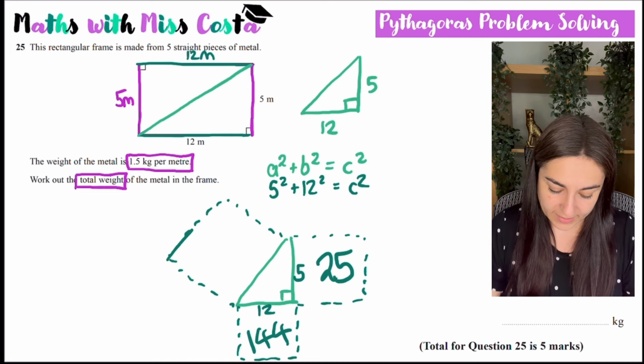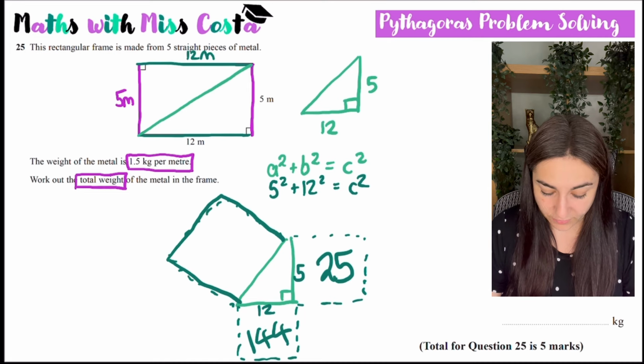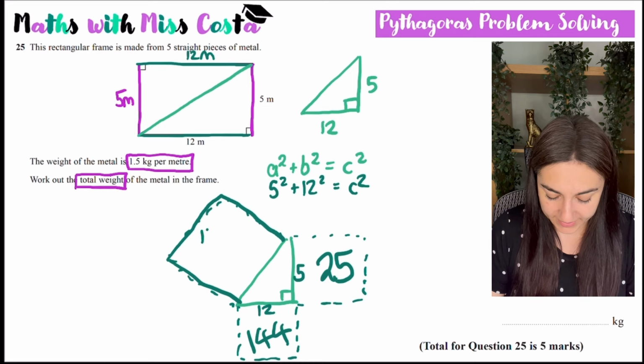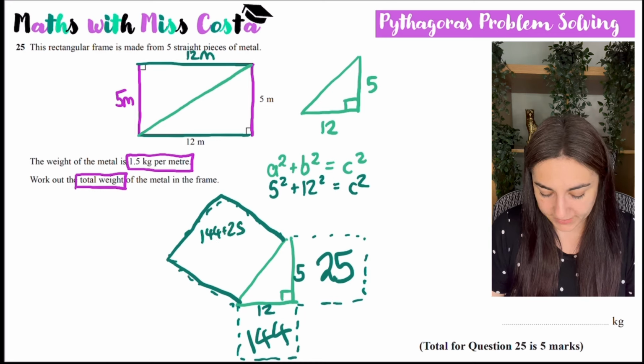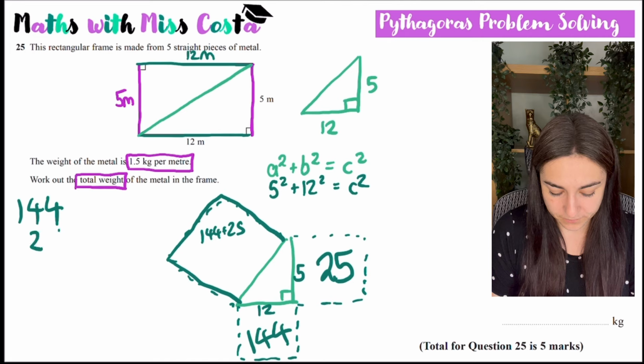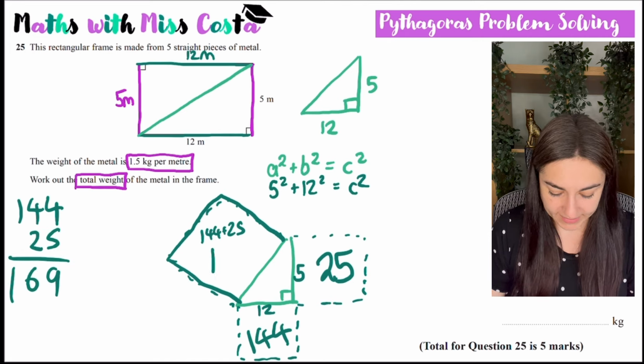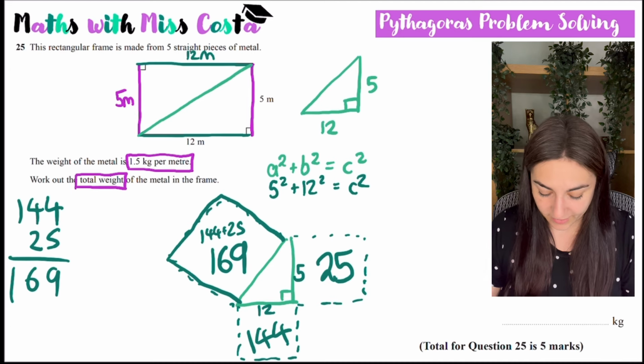And he realised that for any right-angled triangle in the world, if you add the area of the two smaller squares, so 144 plus 25, we could do it here. 5 plus 4 is 9, 4 plus 2 is 6, so that would be 169.